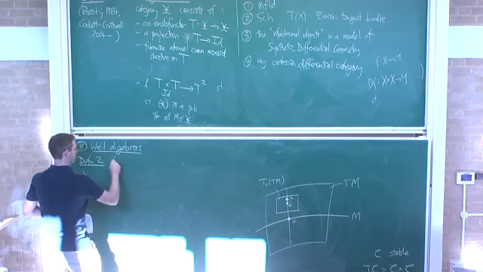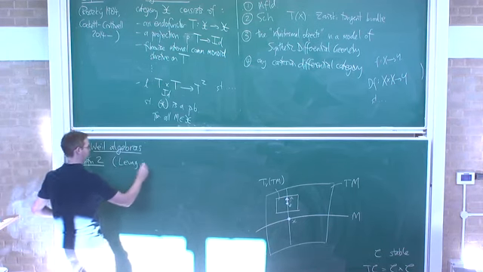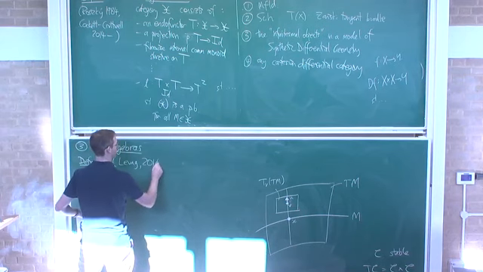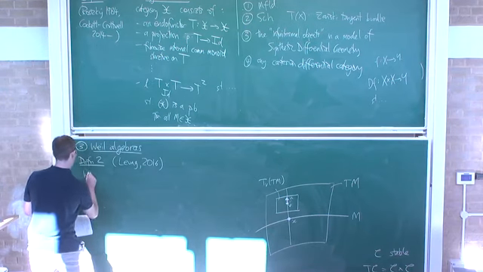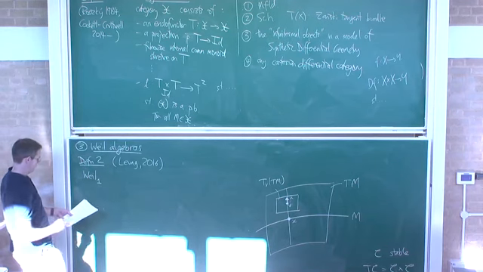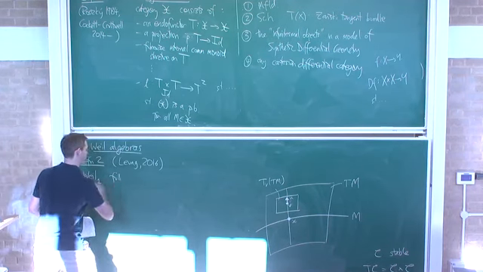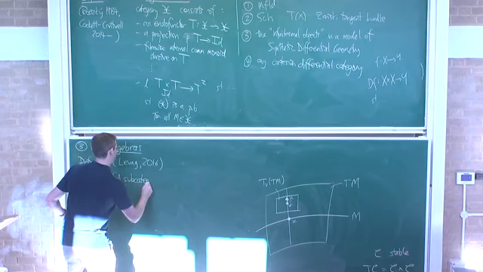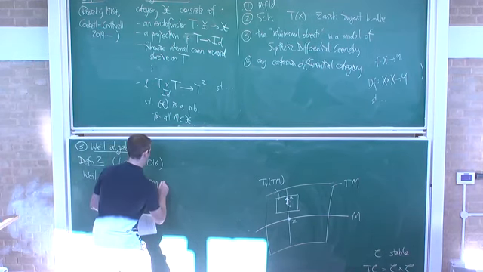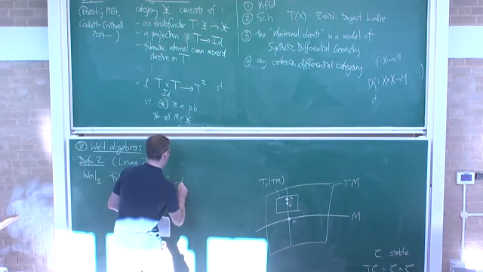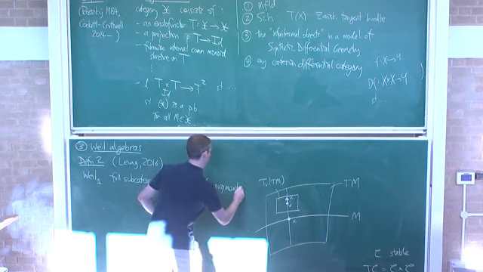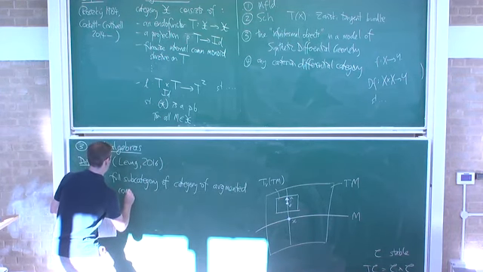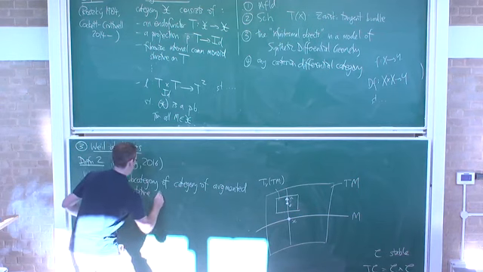So this is due to Leung. This particular definition and the theorem that follows it is due to Leung. Leung defines the category to be a certain subcategory, the full subcategory of the category of augmented commutative N-algebras.